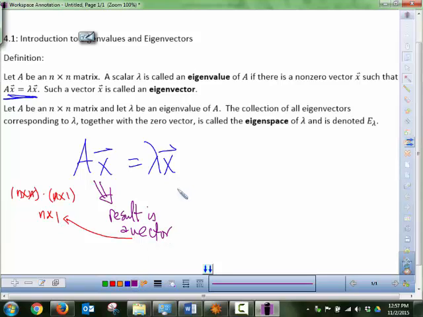And so if that resulting vector happens to be the same vector as x, except it's scaled, so x is scaled, and scaled means either stretched or shrunk, but in any case, same direction.